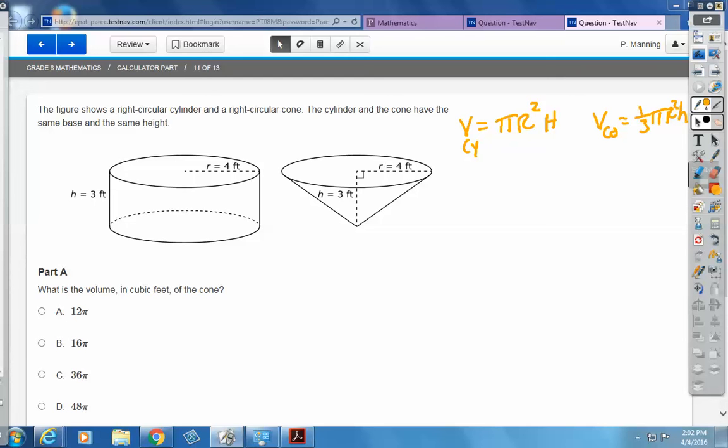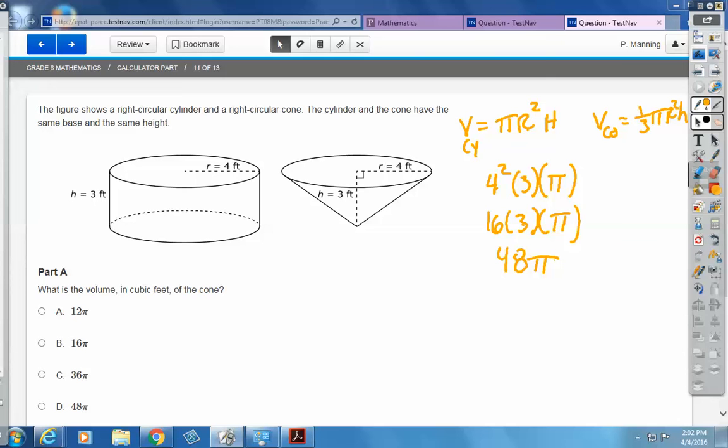And we want the answer in terms of pi, which means we don't have to multiply out 3.14. So the radius is 4, so we have 4 squared times the height, which is 3, times pi. 4 squared is 16. 16 times 3 is 48. So we have 48 pi. And that's D.